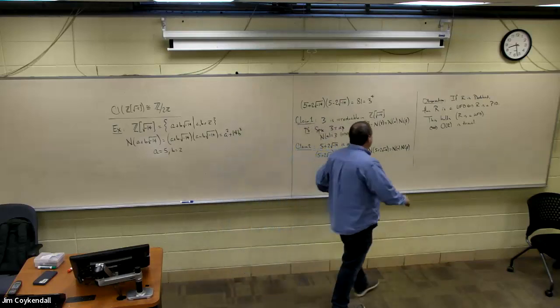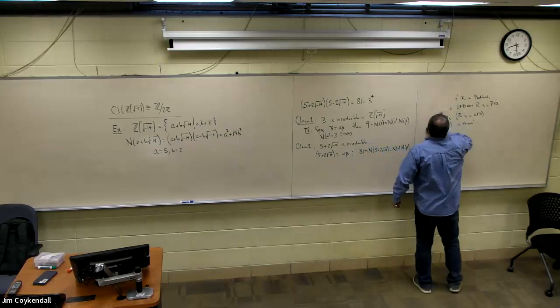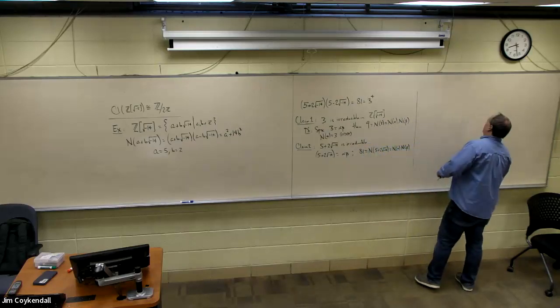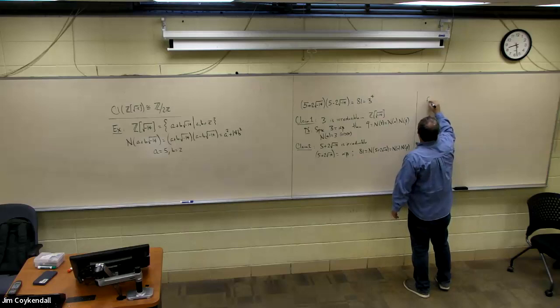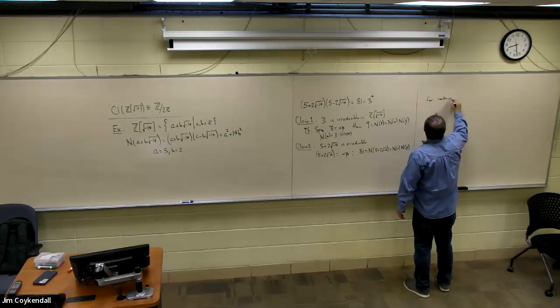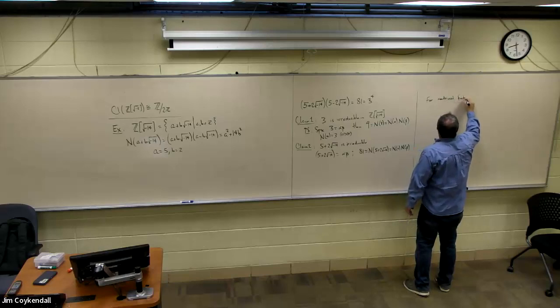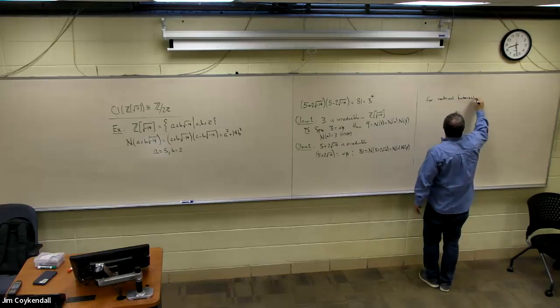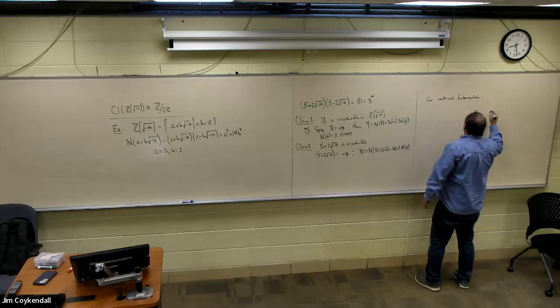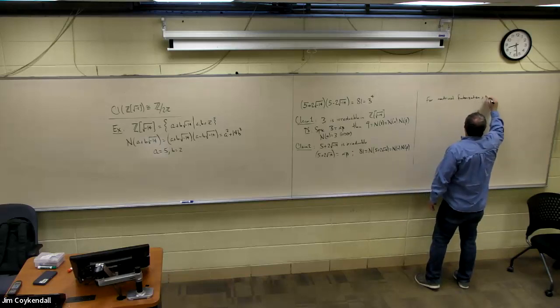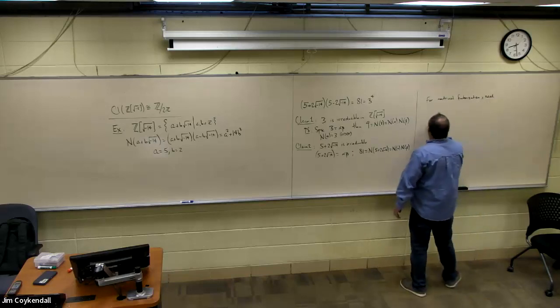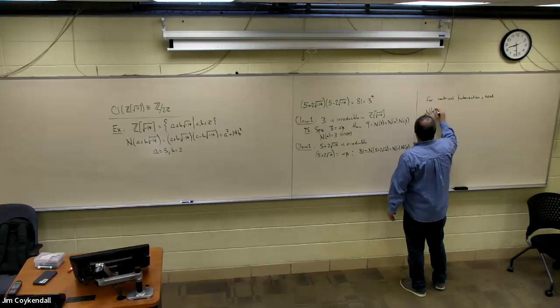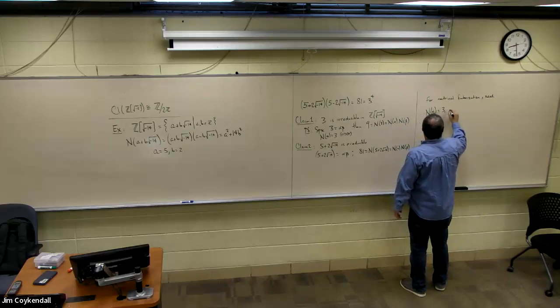All right. So for a non-trivial factorization, we need norm alpha to take on certain values.